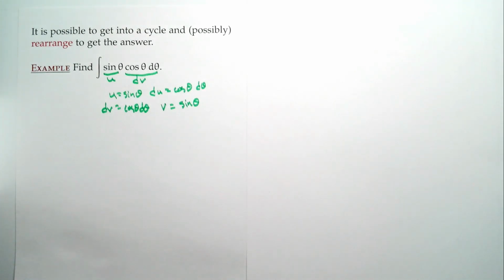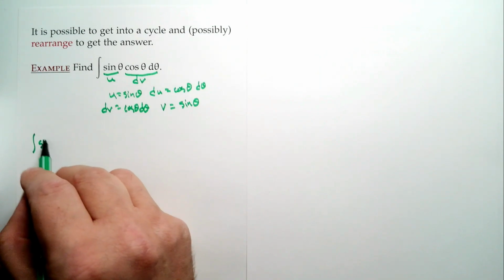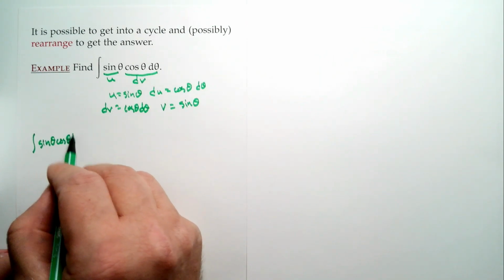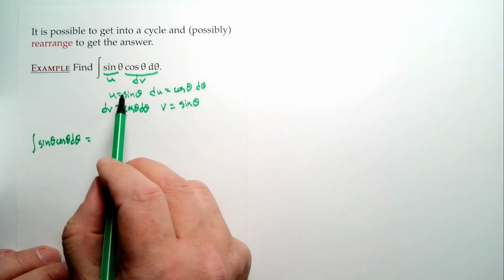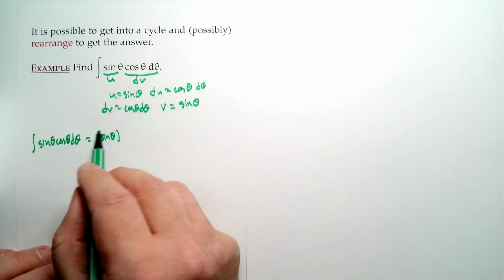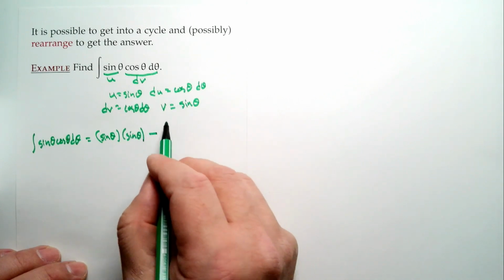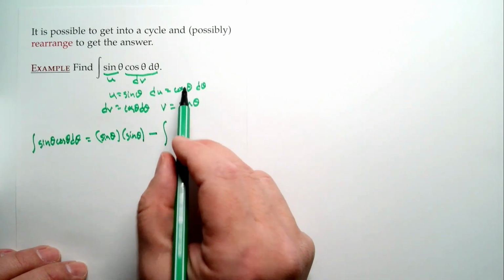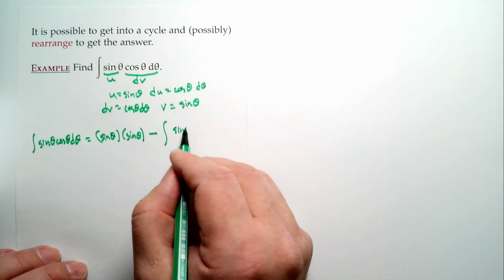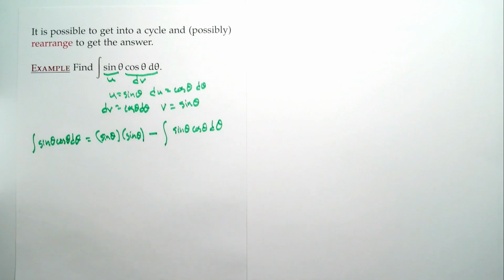So according to the rule, remember this is the integral of sine theta cosine theta d theta. That's equal to u times v. So sine theta times sine theta minus the integral of v du. So sine theta cosine theta d theta. All right? So far, so good?